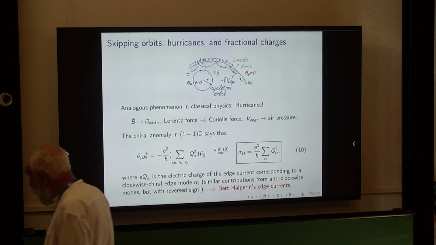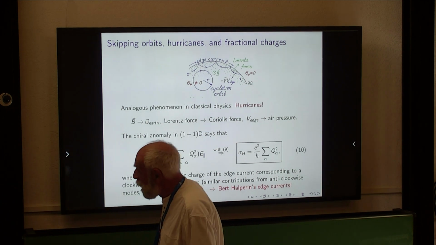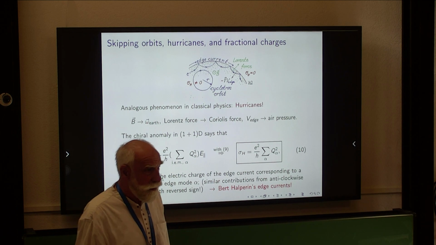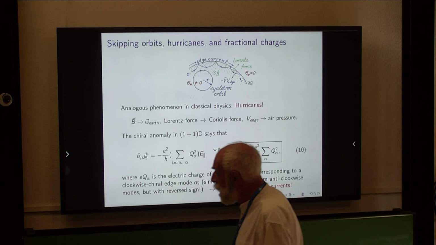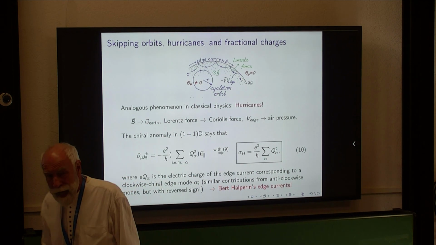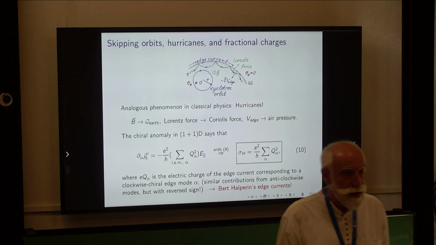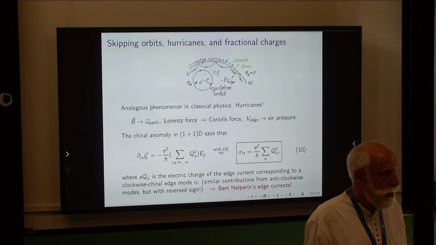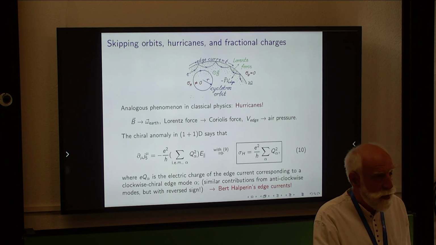Now, by going back to the chiral anomaly, you find a formula for the Hall conductivity. The Hall conductivity is given by e squared over h times the sum of the squares of the fractional charges of the quasi-particles that move around the edge.